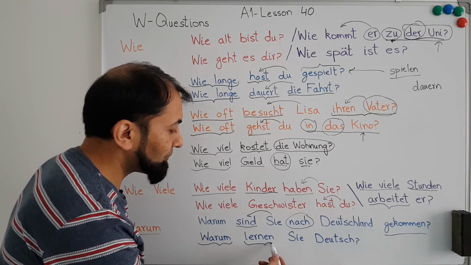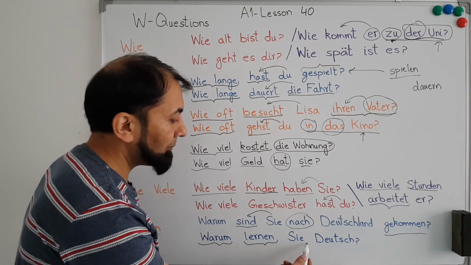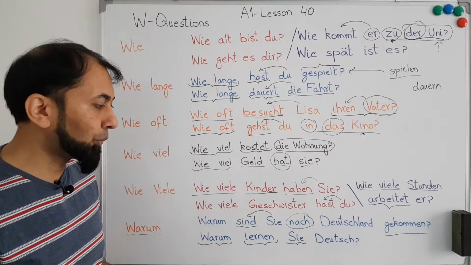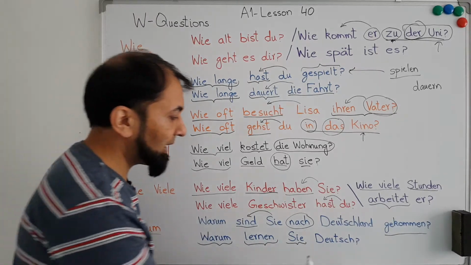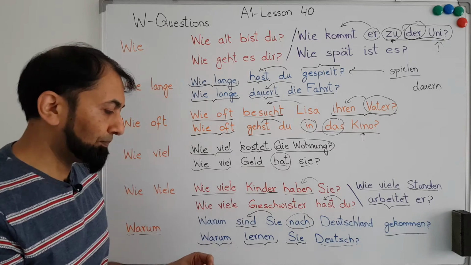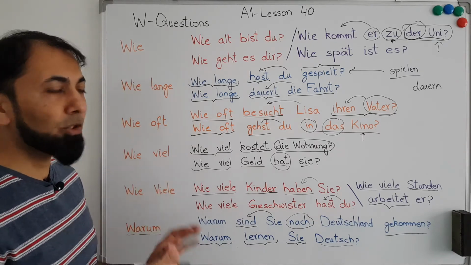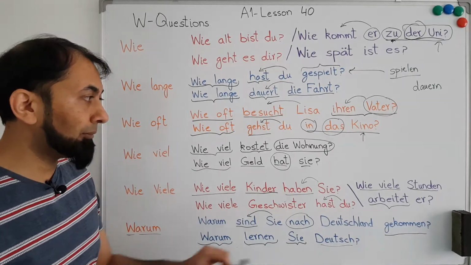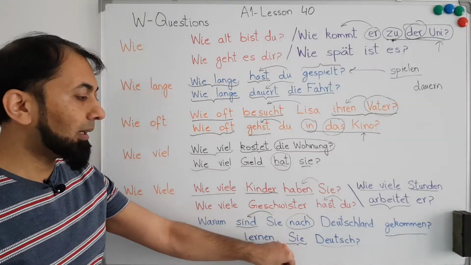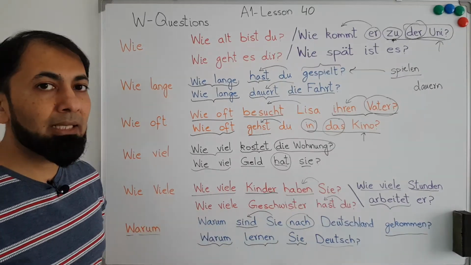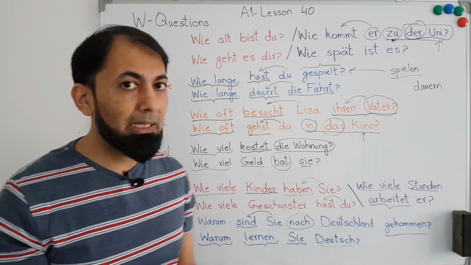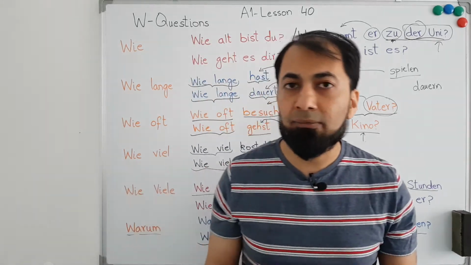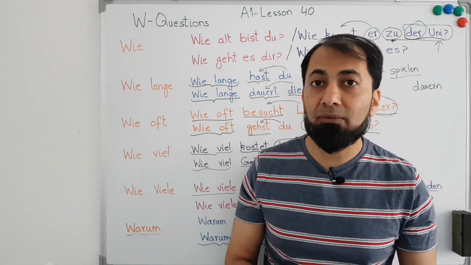Lernen is a verb which means to learn, and it remains lernen for the subject Sie, which means formal you, and Deutsch means German. Now, these are the most frequently asked questions that you should know when you are doing A1 level. You should be able to understand these questions, and you should be able to ask and formulate such questions when you are at the end of the A1 level of the German language course.